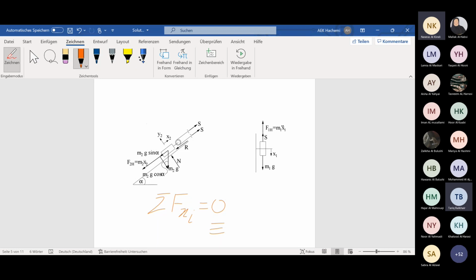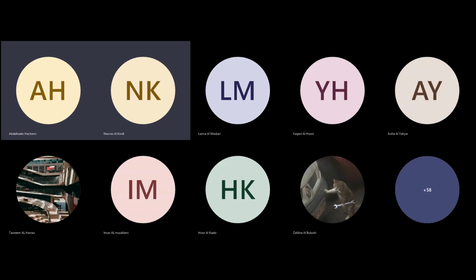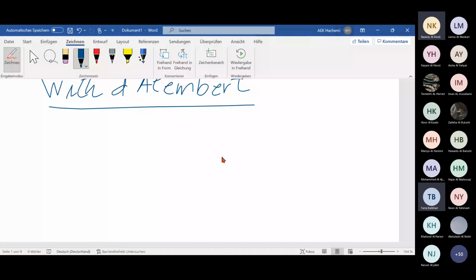Now if I look at the equation, you will see we describe the same equation as for Newton. We have the sum of the forces in x1.